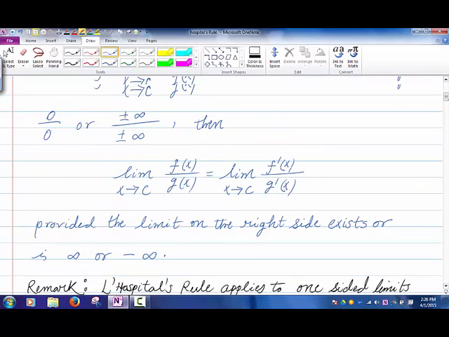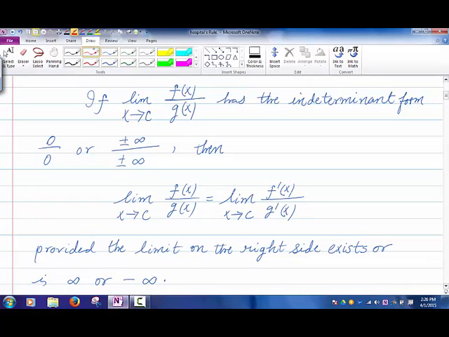Let me give you a little bit of intuition here. Compare 2x divided by x with x squared divided by x and x over x squared. Let's say you're looking at the limit as x goes to infinity.